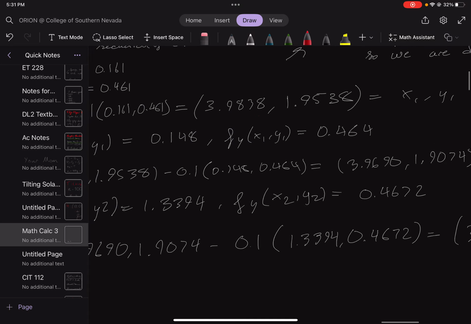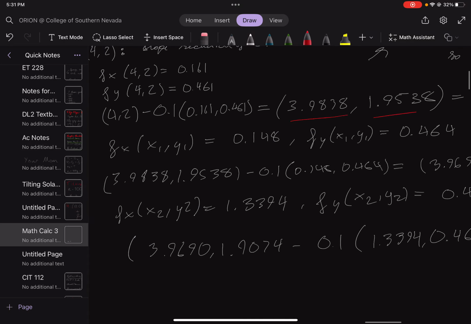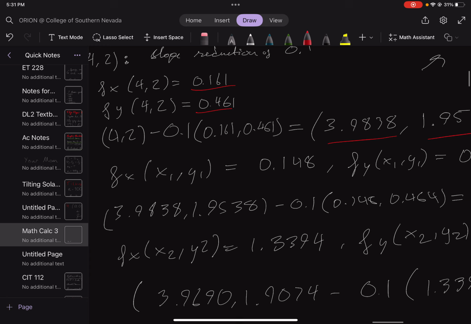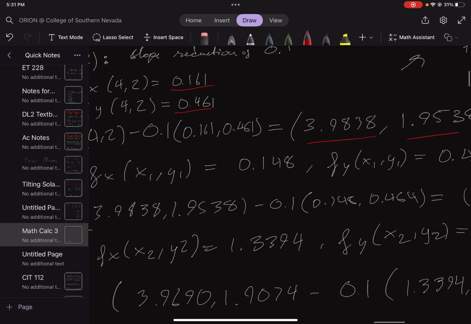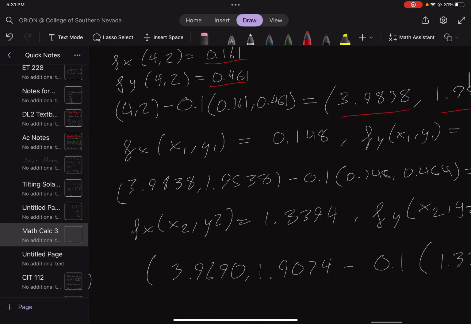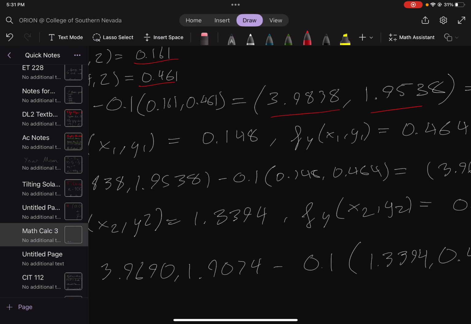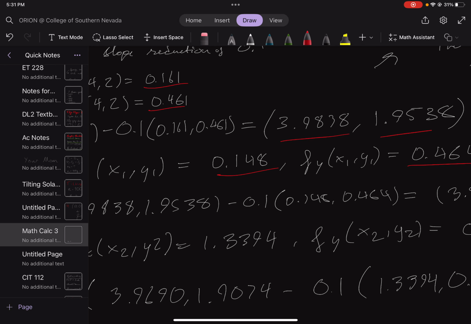And then let's take a look at what the separate gradients are. So the gradient from the previous one, and then this is the gradient from the second step. Notice how it's getting smaller.